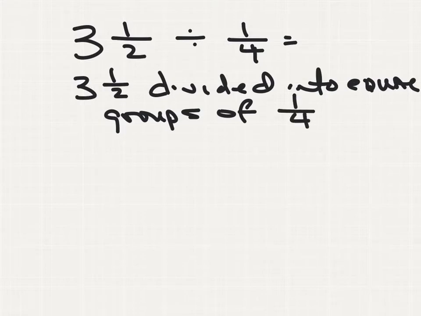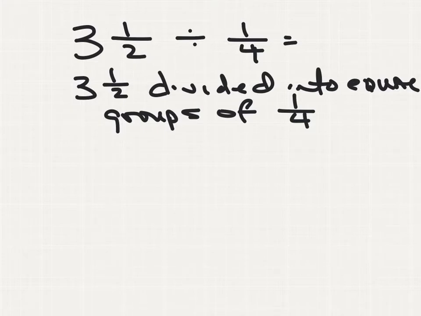How many equally sized groups of 1/4 can I fit inside of 3.5? Or 3.5 divided into equally sized groups of 1/4 will give me how many of those equally sized groups?